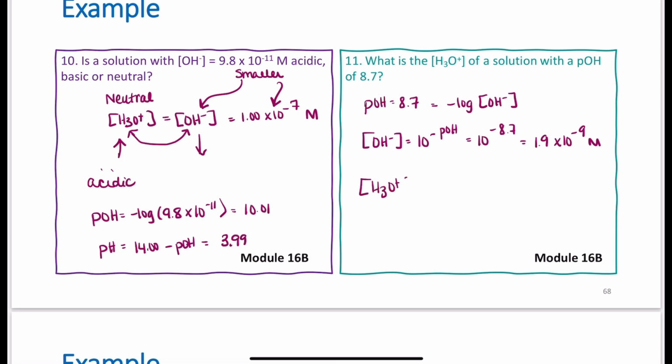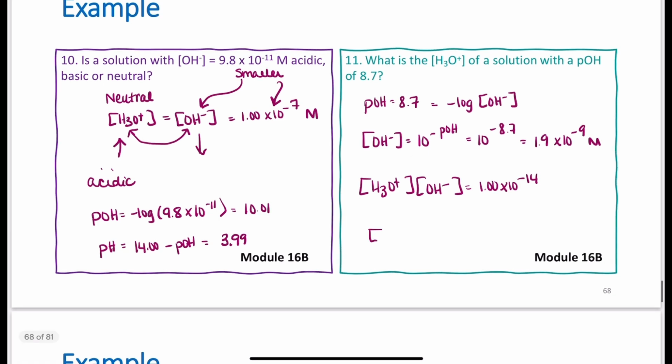I know that hydronium concentration times hydroxide concentration equals 1.00 times 10 to the negative 14. So I can just solve for that. Therefore, my H3O plus concentration is 1.00 times 10 to the negative 14 divided by 1.9 times 10 to the negative 9.